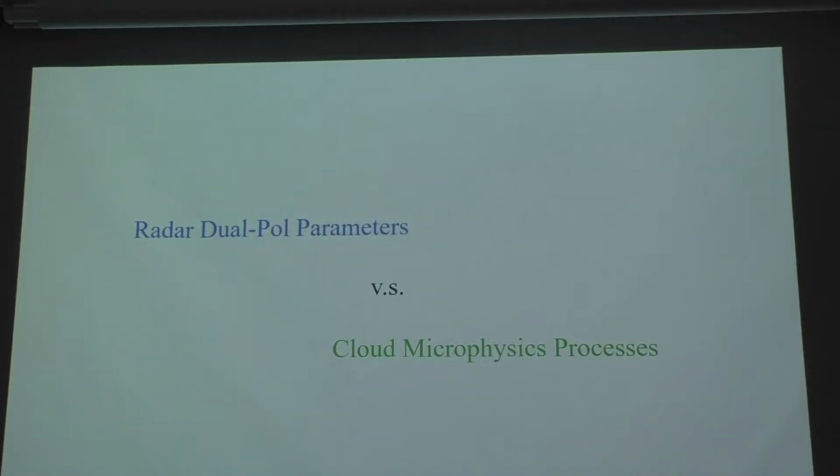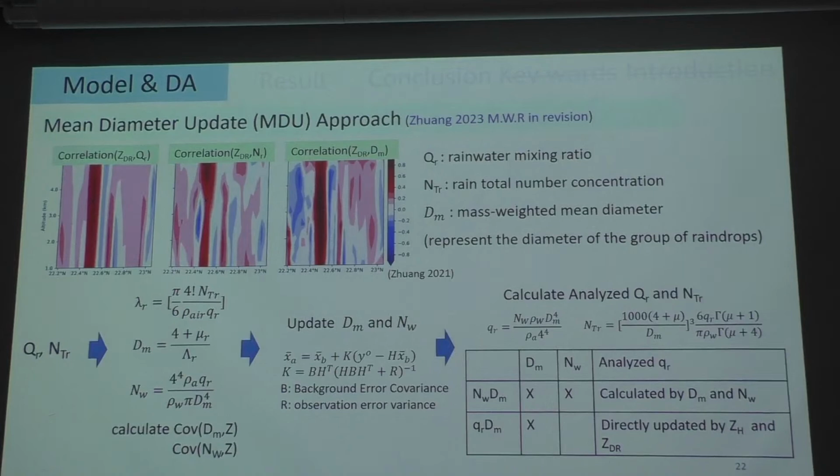The last part: here I just quickly show you the dual polarization parameter ZDR, which can tell you the size of the droplet. In the traditional way, when people assimilate dual-pol parameters, they update the rain mixing ratio and number concentration, because these are the control and prognostic variables in numerical weather prediction systems.